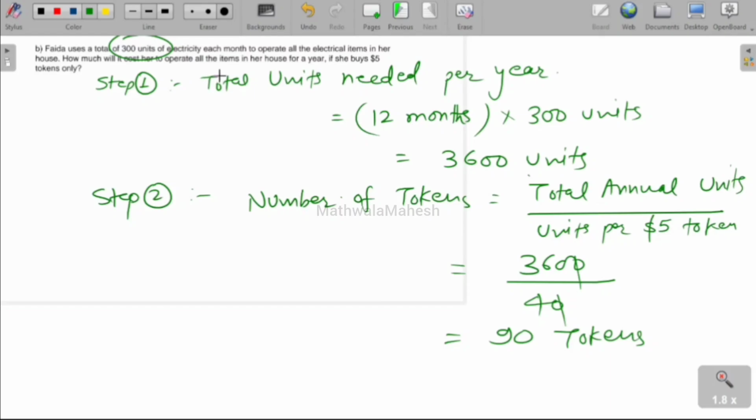So we have to calculate the cost. The cost equal to number of tokens into $5.